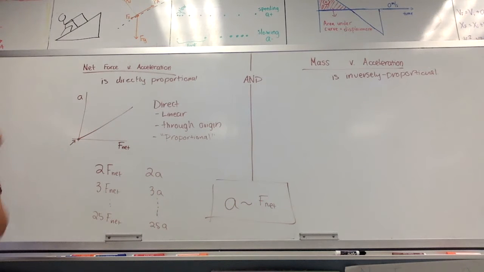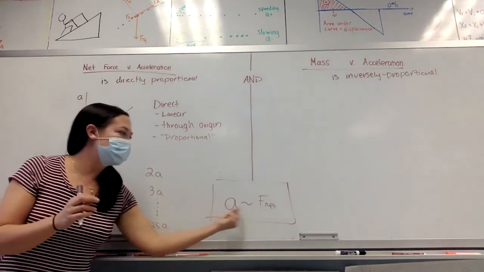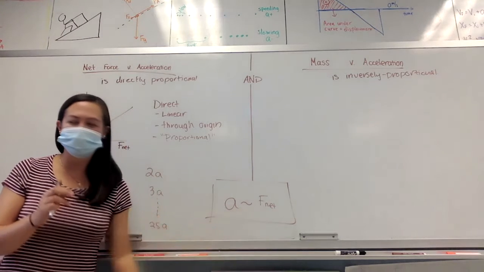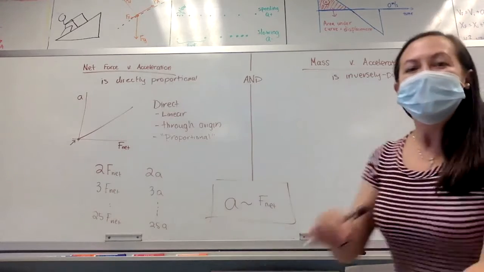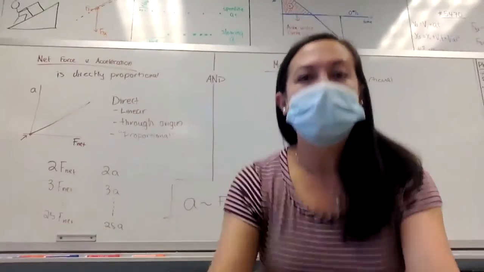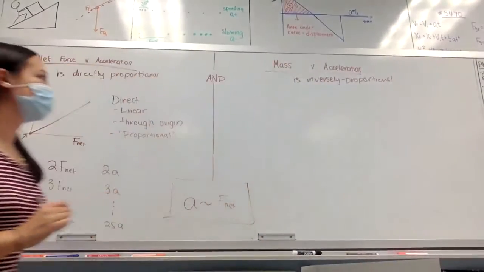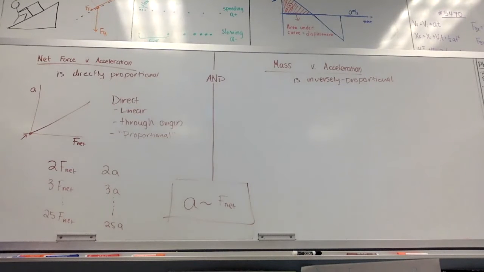If you look at the equations for any of your graphs, you'll notice that net force and acceleration are both in the numerator. Nothing in the denominator yet. On the other half of this, mass versus acceleration. If we look at our three groups for mass versus acceleration, all of their graphs had that nice decreasing slope to asymptotes.